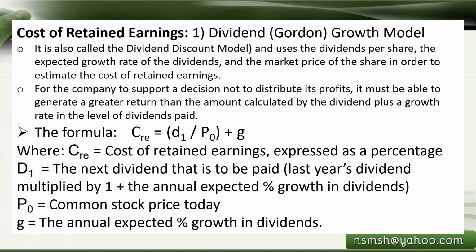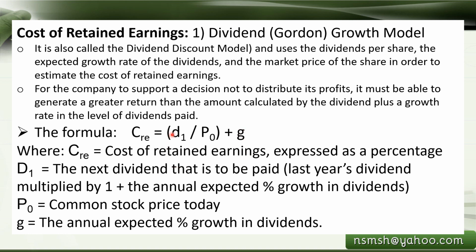Then divide by the common stock price, the base price P0. What is that base price today from the market that you get? So you take that division, and with that you add the annual expected growth of dividends. So the important point is that you take the last dividend paid, and in order to see what is the next dividend, you have to adjust it with the growth rate.